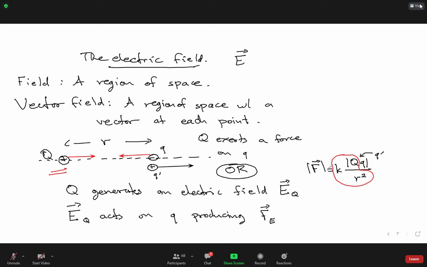This constant could be something else in another universe, but since we are here, we don't really care about that. We can leave this constant as it is. So in order to find the new force, all I have to do is just remove this little q and instead use this little q prime. So what remains here is what I'm going to call the magnitude of the electric field generated by big Q.